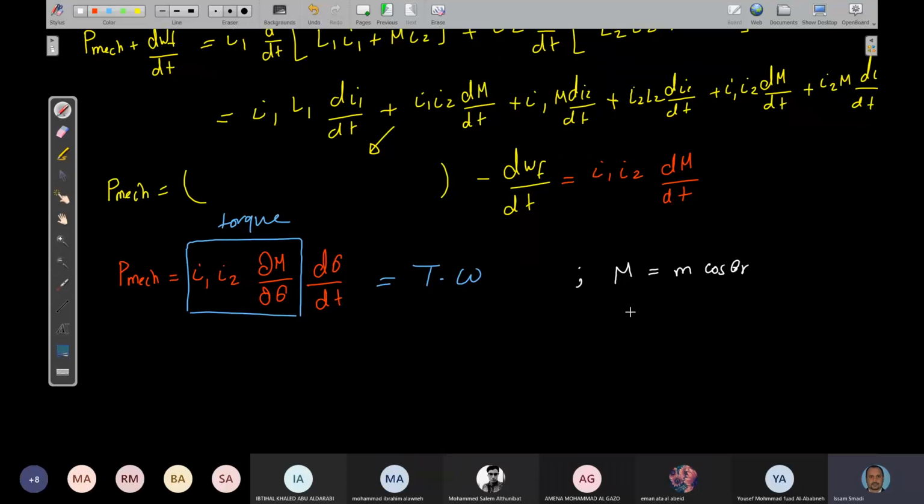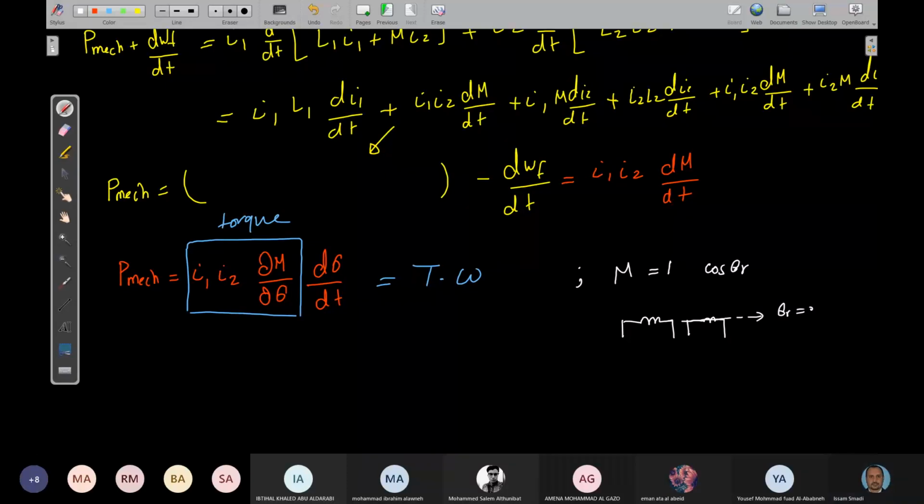When the two coils are aligned with each other, this will be the maximum coupling. Here theta r is equal to 0, and M equals M max. If theta r is equal to 90 degrees, then M is equal to 0.